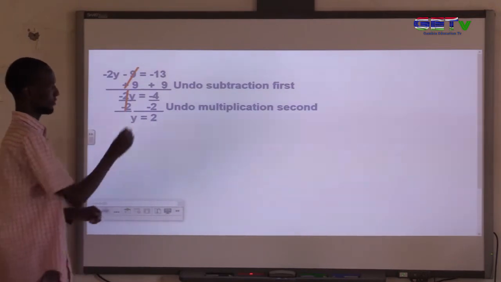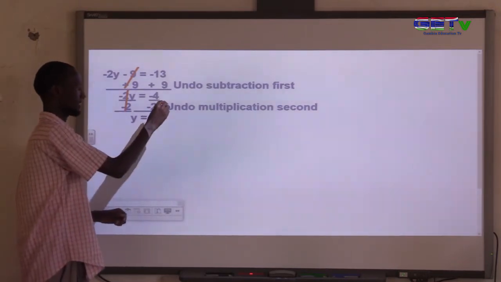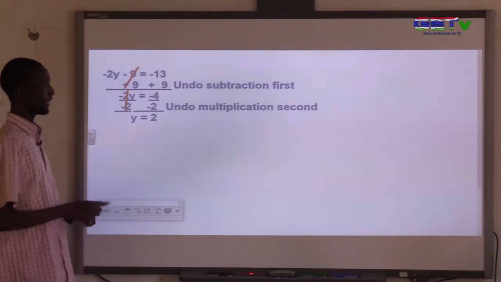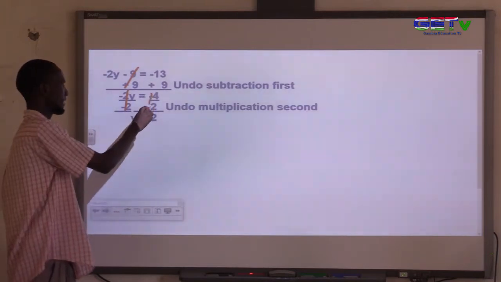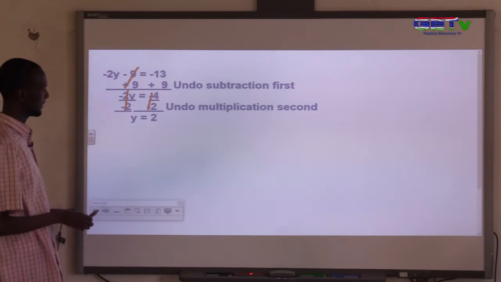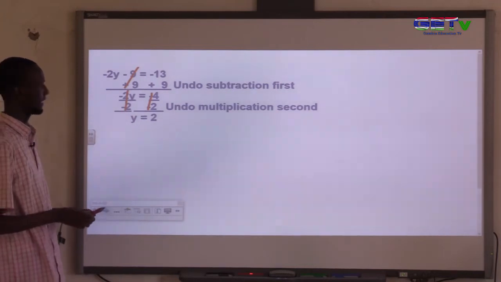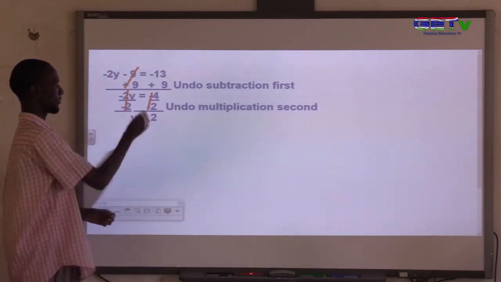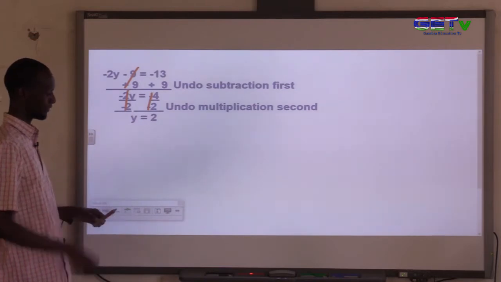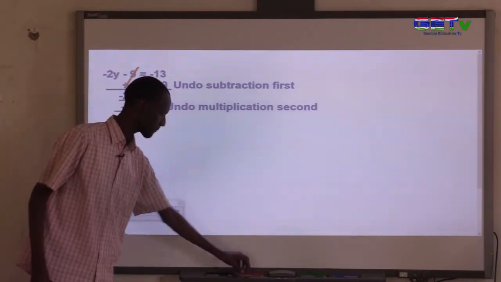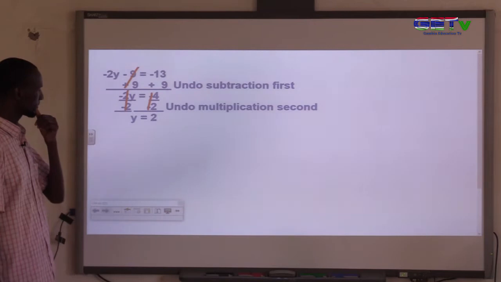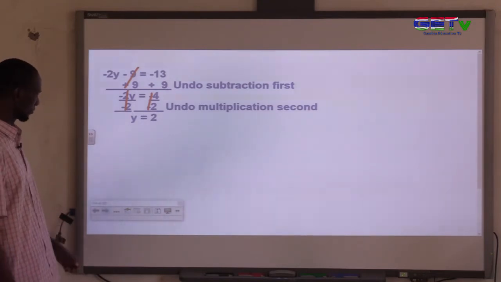So therefore, we also divide the right-hand side by negative 2. That way, the negatives will cancel out, so there will be no negative in the answer. And then, 2 can go into 4 2 times. So therefore, your answer to that question becomes 2. y equals 2 is the solution.